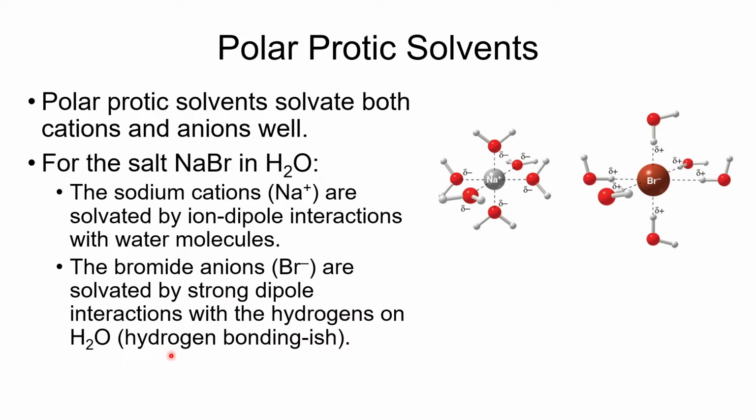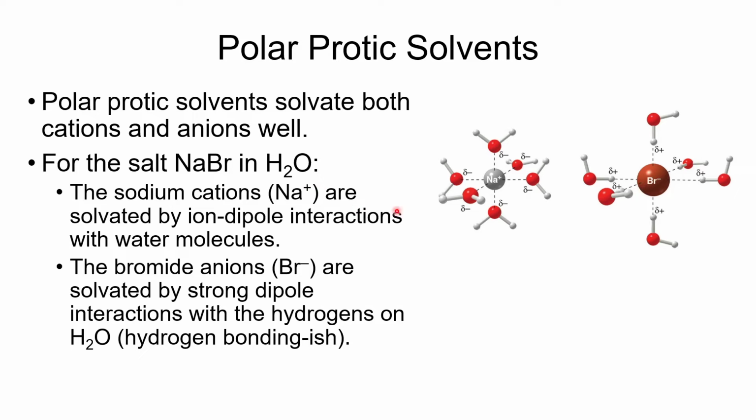You'll notice here I call it hydrogen bonding-ish. It's technically not hydrogen bonding to bromide because bromide isn't really capable of accepting hydrogen bonds. It's just too big. But that's actually kind of the point.